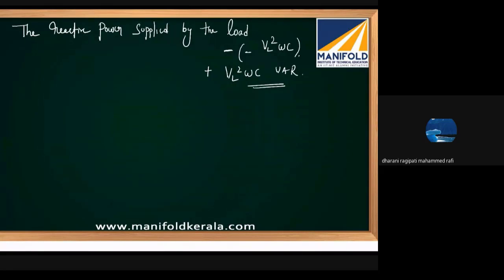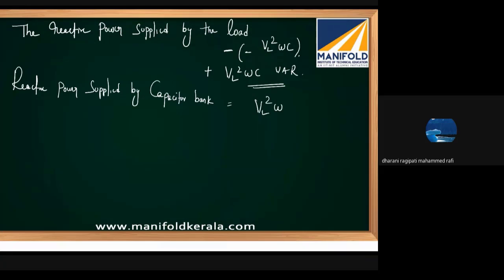So reactive power supplied by capacitor bank is VL square omega C, so many var.